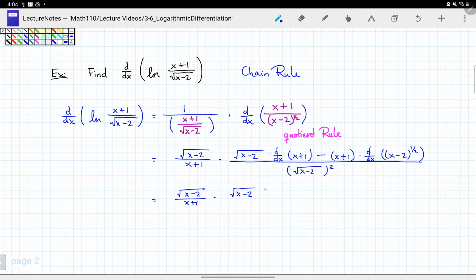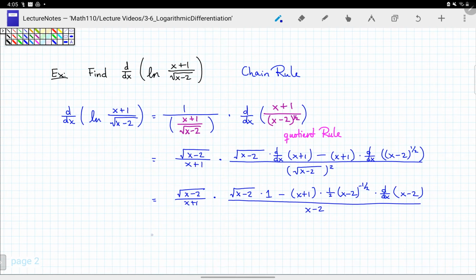Derivative of x plus 1 is 1, minus x plus 1 times the derivative of x minus 2 to the 1/2, which is 1/2 times x minus 2 to the negative 1/2 times the derivative of the inside, and then all over, that's going to be x minus 2.